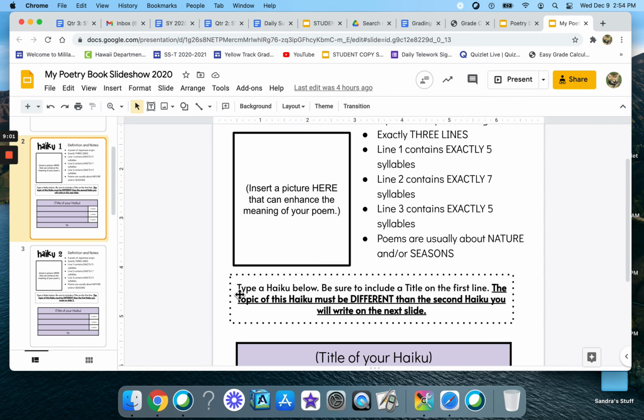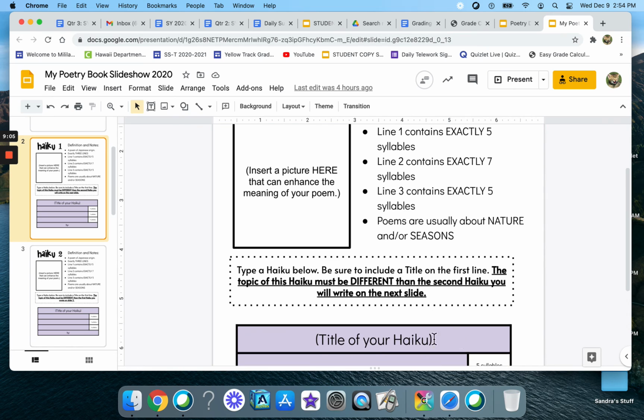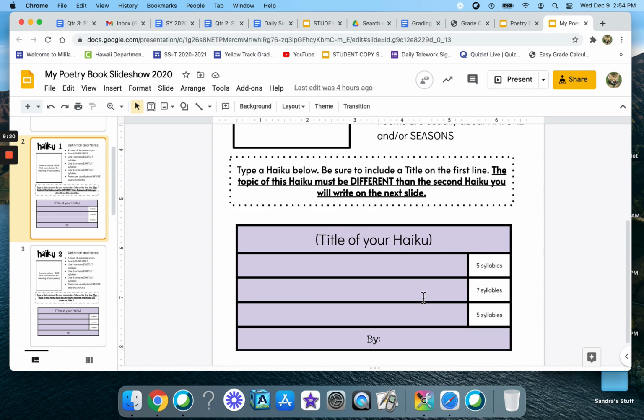So the directions here say type a haiku below. Be sure to include a title on the first line, which is right here. So you'll delete this typing here. You'll type your own title. The topic of this haiku must be different than the second haiku you will write on the next slide. So for your first haiku, perhaps you will want to write about the ocean.